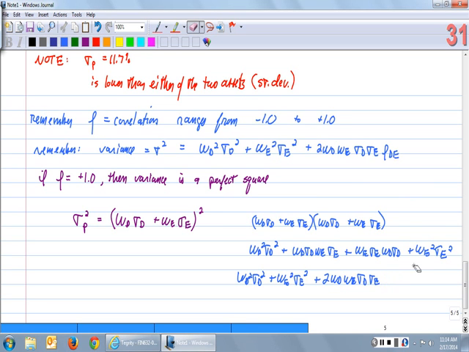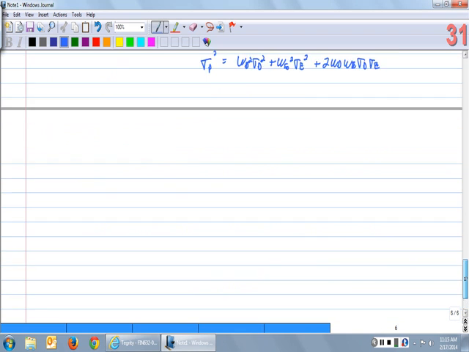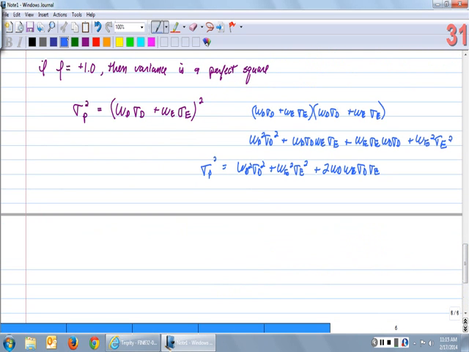All right, so your book is pointing this out, that if your correlation is equal to positive 1, then you've got a perfect square. Well, you may think, why do we care if it's a perfect square? Here's why. If your correlation is equal to positive 1 and the variance is a perfect square, let's look at the standard deviation. The standard deviation is equal to the square root of the variance.